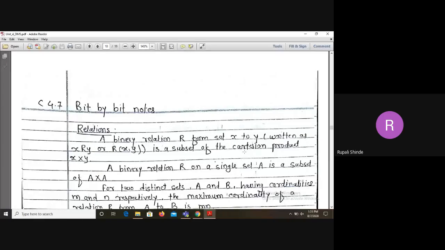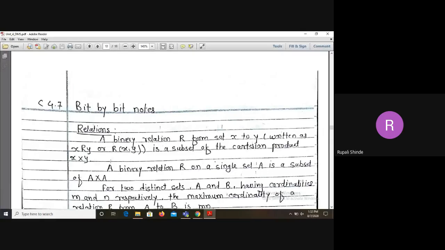So here the first point is the definition of relation. A binary relation R from set X to Y, written as X is in relation R with Y, or R in bracket X comma Y, means this relation R is between X and Y. It is a subset of the Cartesian product X cross Y. In short, we can define a relation as a set of ordered pairs.